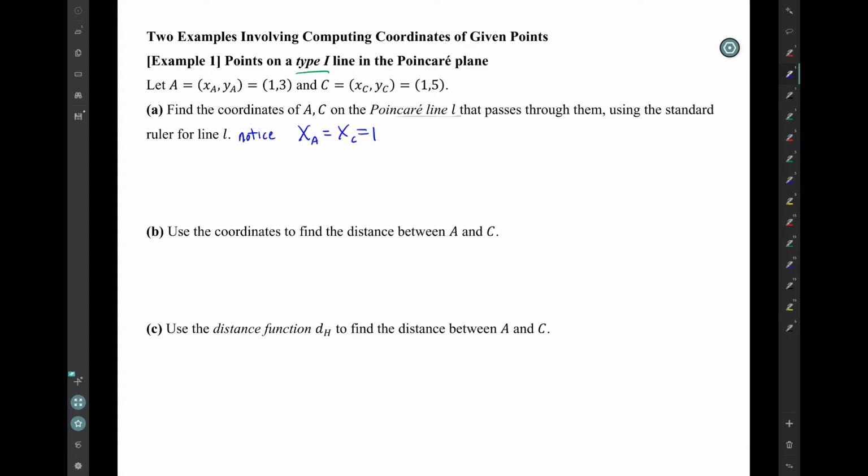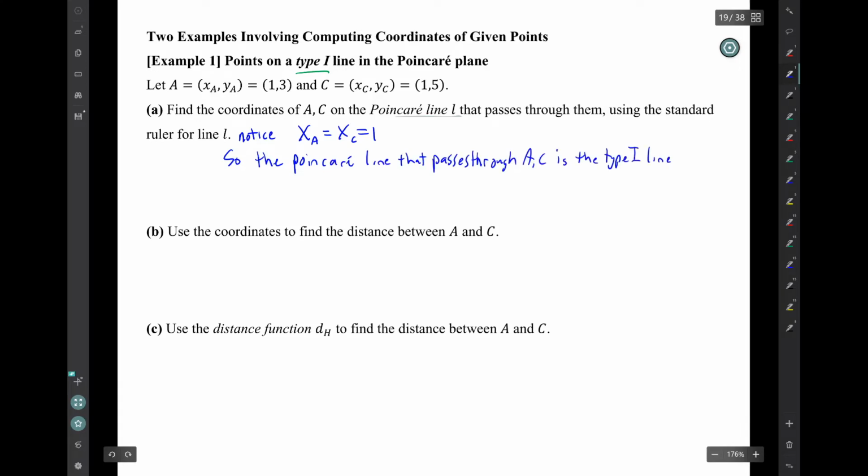So that means that the Poincare line that passes through them is a type 1 line. It's the Poincare line 1L, the type 1 line with x-coordinate 1.